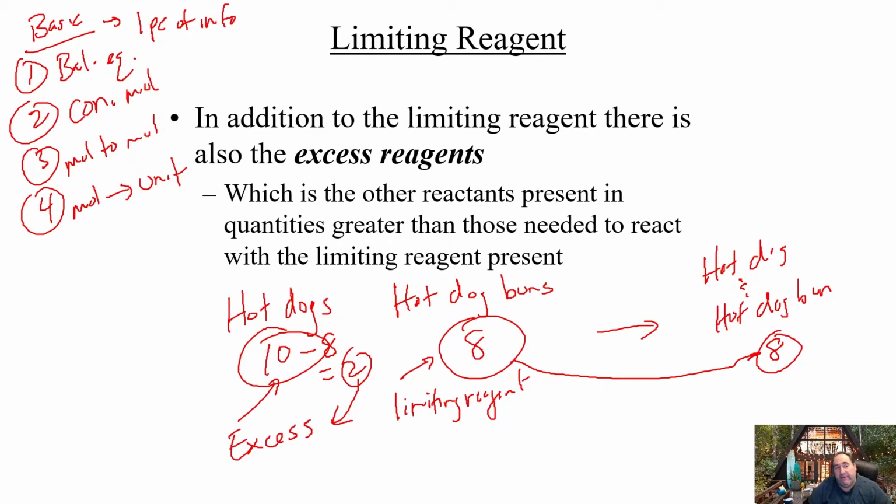And you basically have one piece of information that you can convert to moles. For example, like I started with 5 grams of A, and that's the only piece of information I'm given. Now, how do I know it's a limiting reagent type problem?